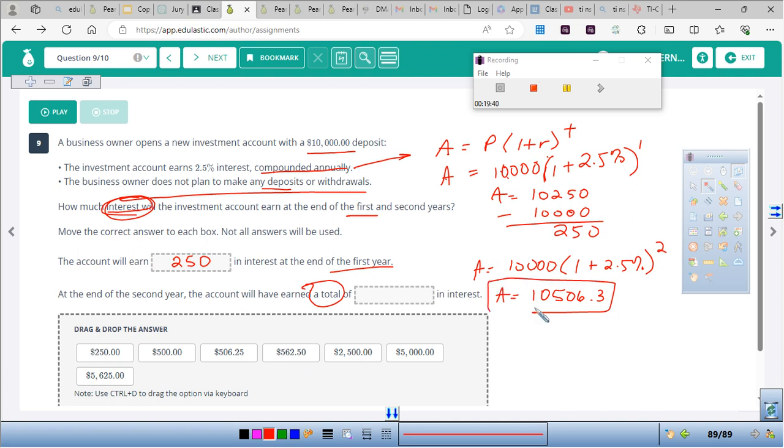So this is my answer for the total right here. Oh, of interest again, my bad. So then we're going to subtract that 10,000. 506.3. Oh, it's 506.25. I think this must be rounding for me. Yeah, 0.25. Perfect.